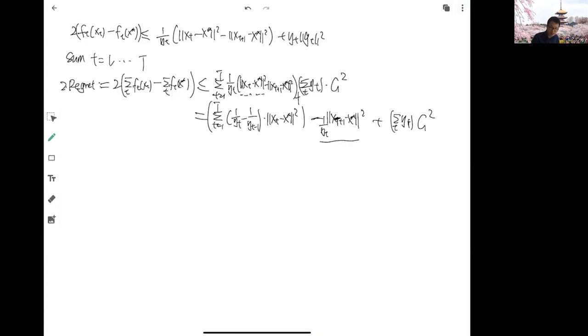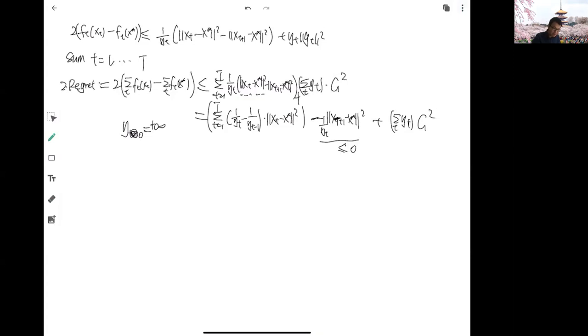Notice that this is negative, so we can drop it, and we define eta_0 when t is 1 to be just positive infinity, right? Then everything's the same as the previous line.